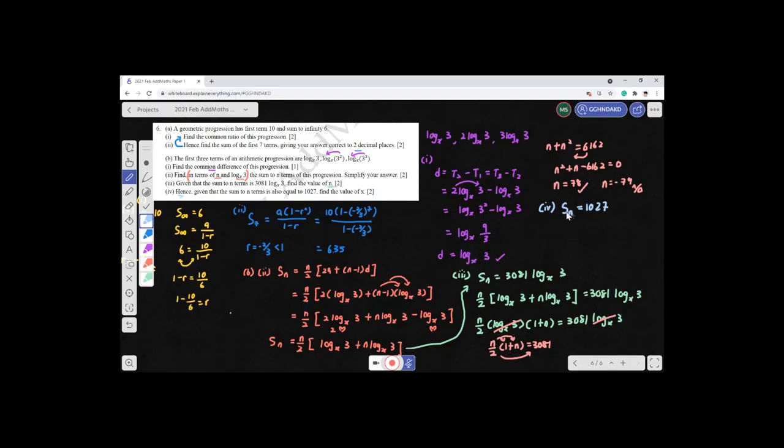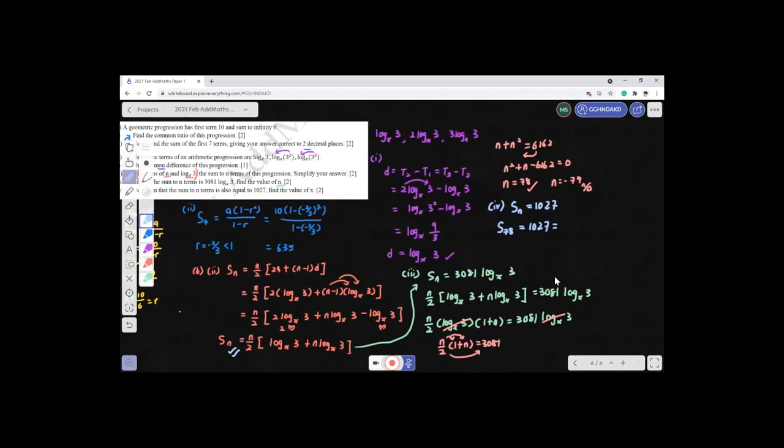So just now, you already know that n is 78, meaning to say S78 is equal to 1027, which is also equal to the value you got just now. So you just change all the n to 78. So it will be 78 over 2 log x3, because you factorize out.